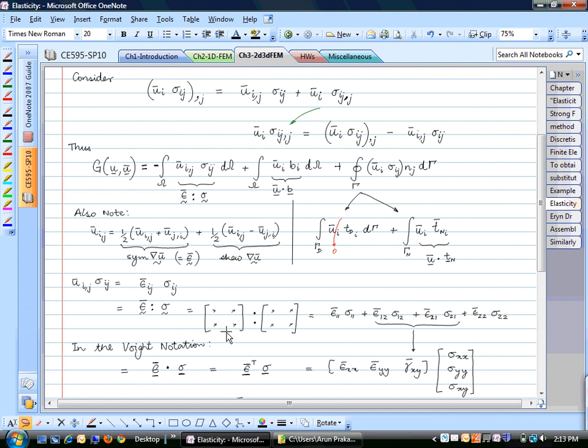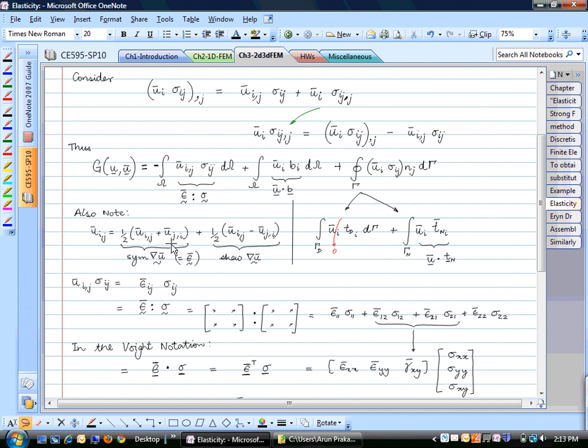For example, in the two-dimensional case, you have a 2 cross 2 matrix, and all you need to do is sum up the corresponding terms. You would have 1,1 with 1,1, and so on. So this is the double dot operator. This is a little different from the scalar dot product or a matrix acting upon another matrix. The double dot product between two matrices gives you back a scalar. This is a scalar, right?